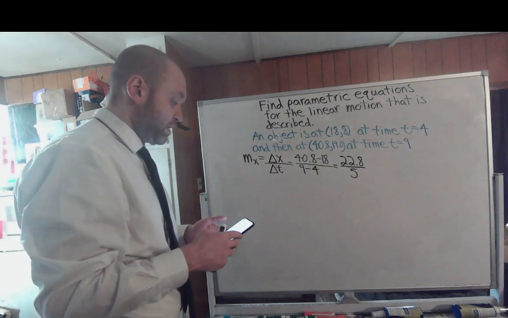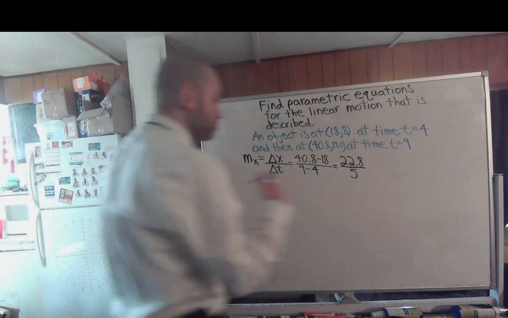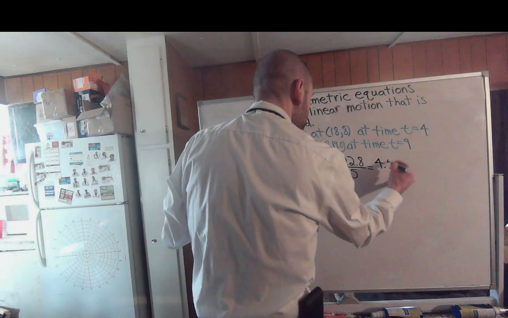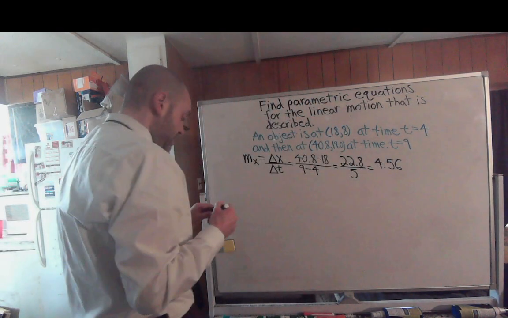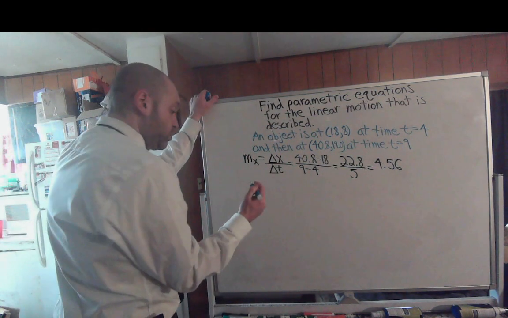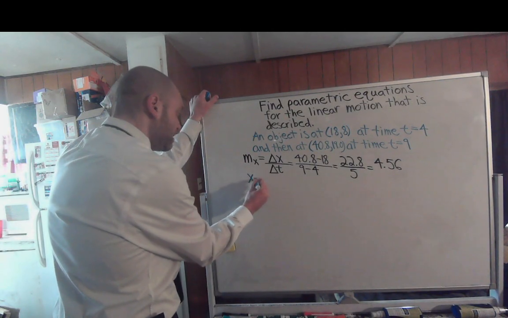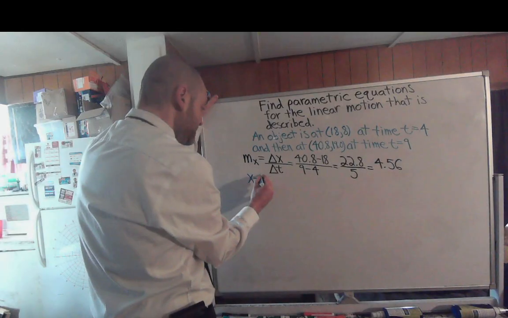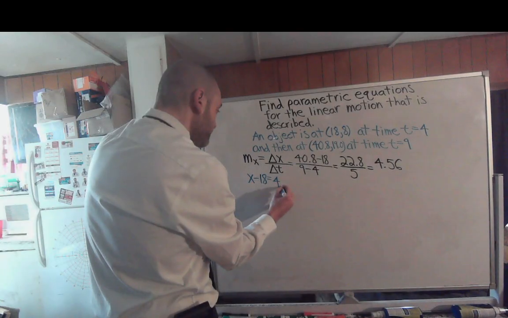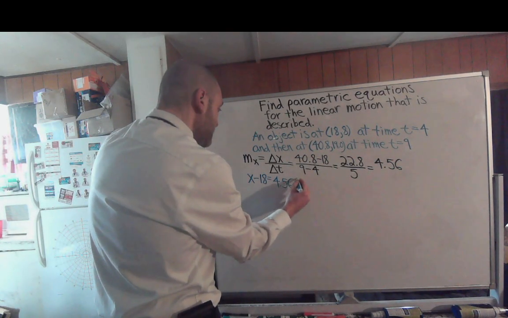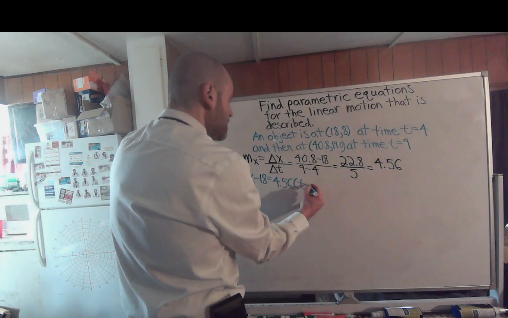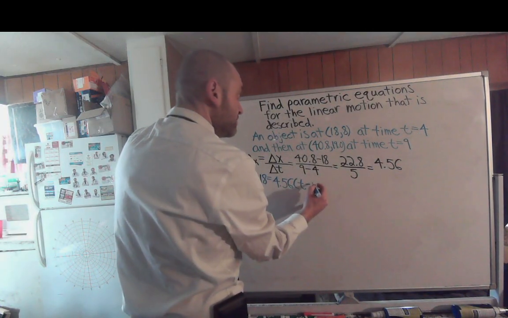I would get 4.56. So the slope of my x parametric equation would be 4.56. Now I can find my equation by taking x minus my first x, which is 18. So x minus 18 would equal that slope of 4.56 times my t minus my first t of 4.